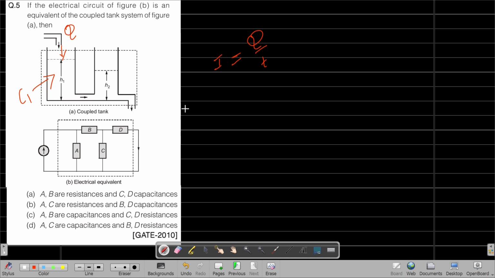This restricting behavior represents a resistor. Only a resistor has the ability to restrict the flow of charge, so this narrow pipe represents resistor 1.